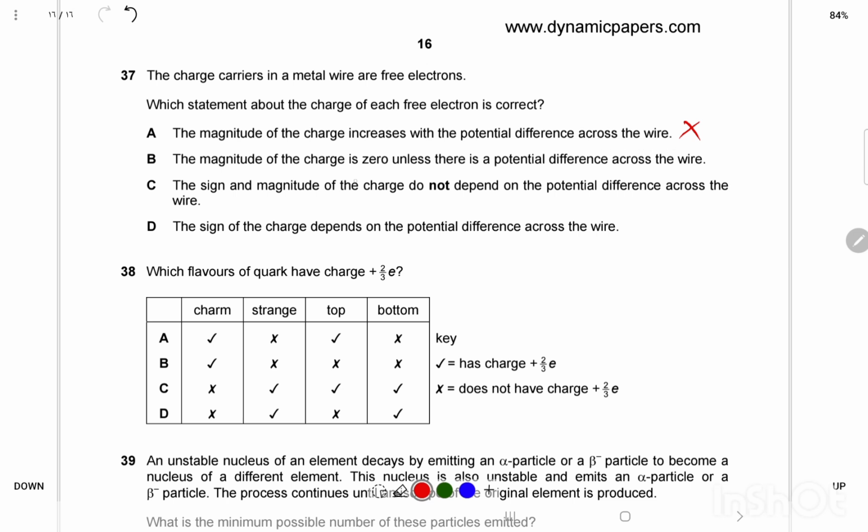The magnitude of the charge is 0 unless there is a potential difference across the wire. Again, there is nothing to do with potential difference and charge. The sign and magnitude of the charge do not depend on the potential difference across the wire. This is correct, so option C is the correct answer. The sign of the charge depends on the potential difference across the wire. This is incorrect. Option C is the correct answer.